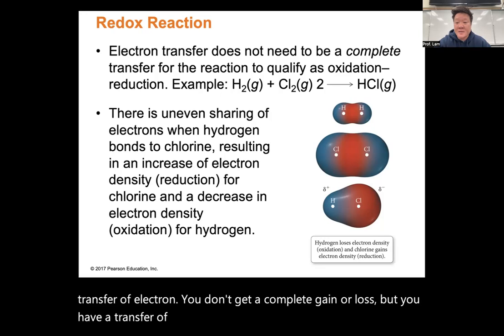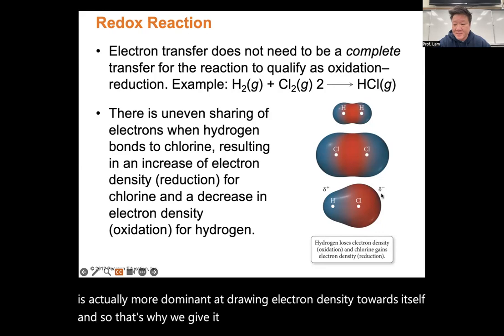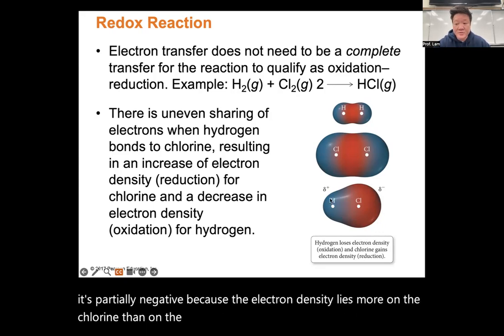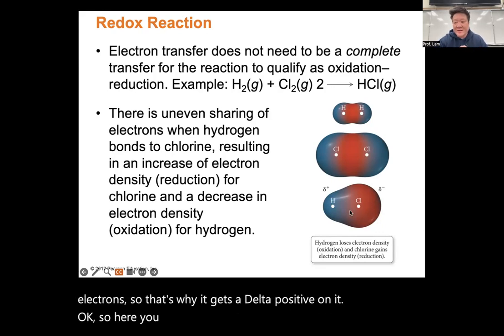Okay. So for example, in HCl, the chlorine is actually more dominant at drawing electron density towards itself. And so that's why we give it a delta minus. Delta means partial. So it's partially negative because the electron density lies more on the chlorine than on the hydrogen. So the hydrogen feels deprived of electrons. So that's why it gets a delta positive on it.